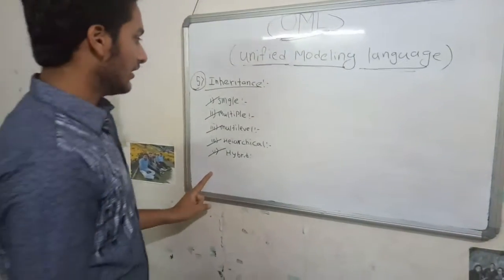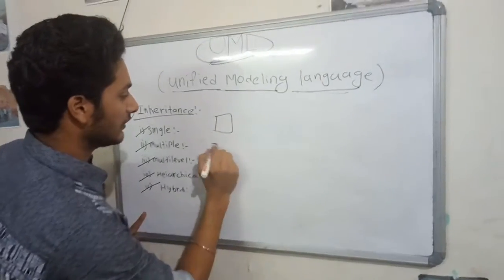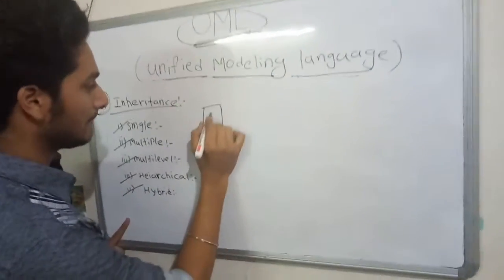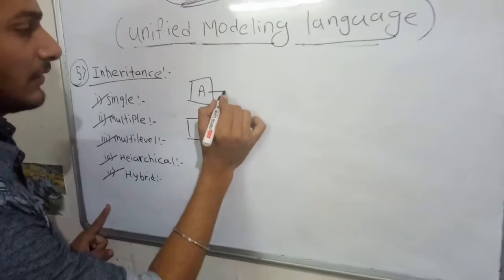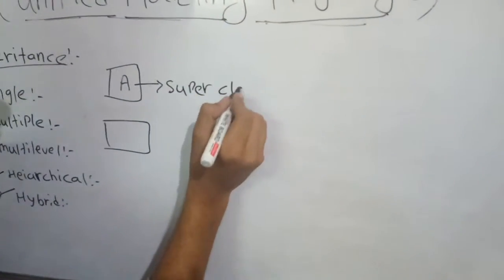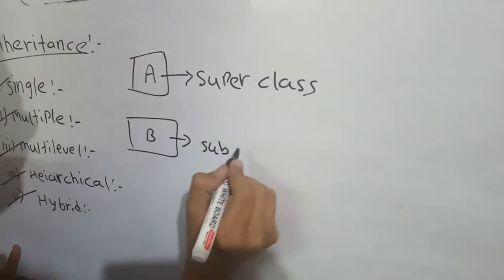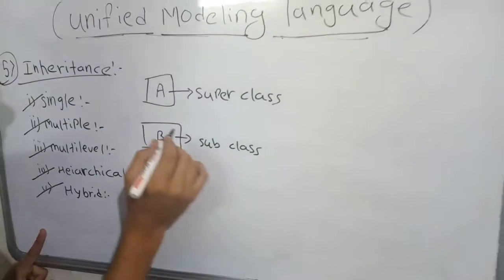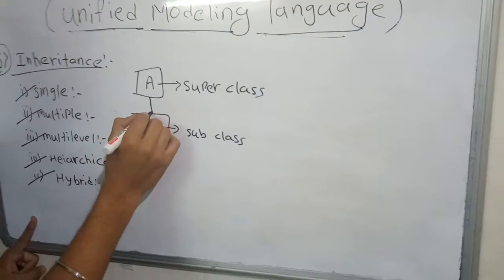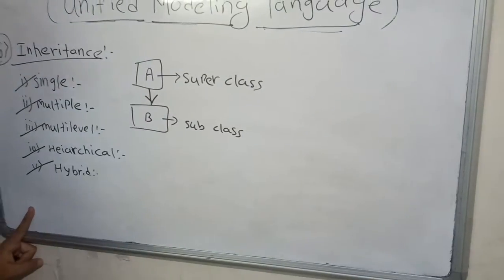First is single inheritance, which has one superclass and one subclass. Suppose A is the superclass and B is the subclass. The properties of A are inherited by B, and this is known as single inheritance.